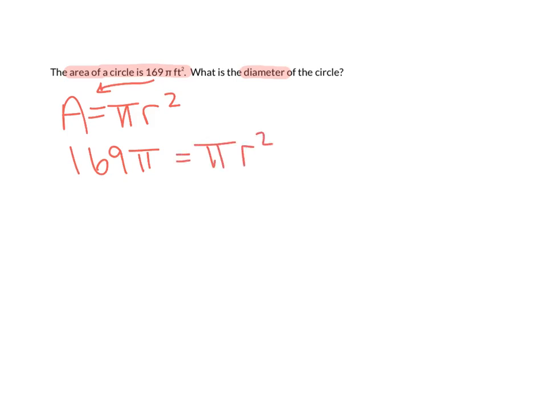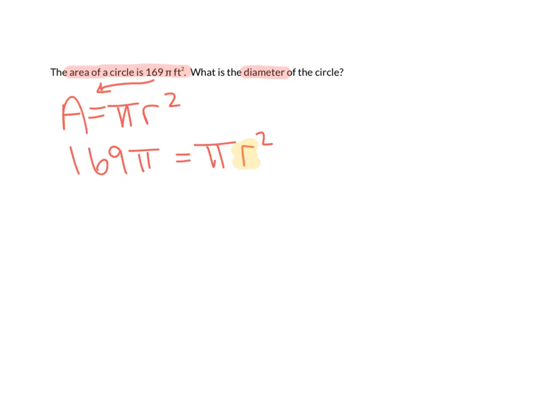So let's work backwards. Here's our formula. Area equals pi times radius squared. We know that we can plug this value in for area. 169 pi feet squared is our area. We know that we have pi times radius squared over here. And again, we're going to focus first on finding this radius.